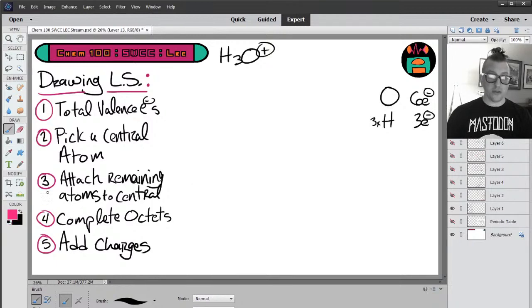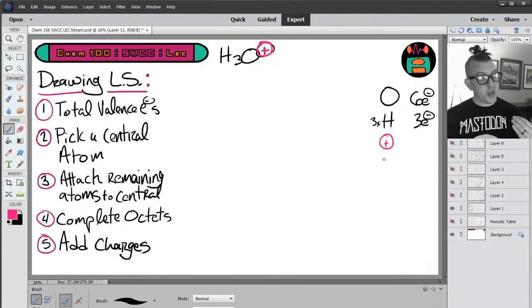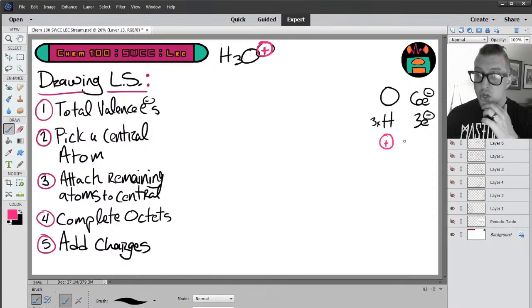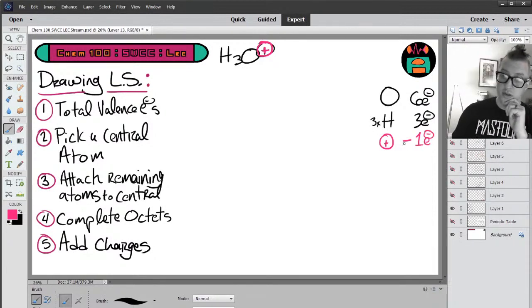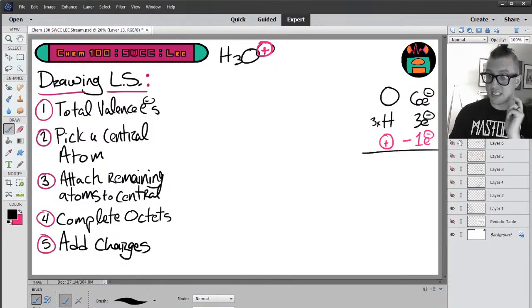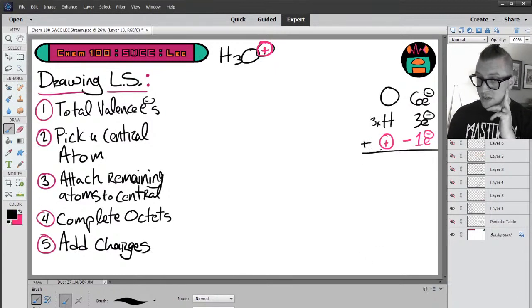And now how do we handle this positive charge? Well, a charge of +1 means you have 1 fewer electron than you would have if it were neutral. So for this +1 charge, we need to subtract 1 electron from our count. 6 + 3 - 1 is 8 electrons.